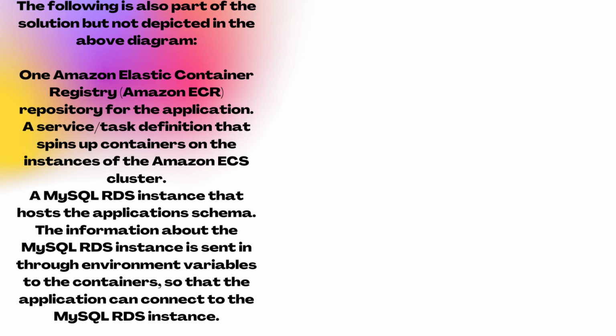The following is also a part of the solution that may not be depicted in the above diagram. An Amazon ECS container repository for the application, a service task definition that spins up the application container on the ECS instance, and a MySQL RDS instance that hosts the application schema.